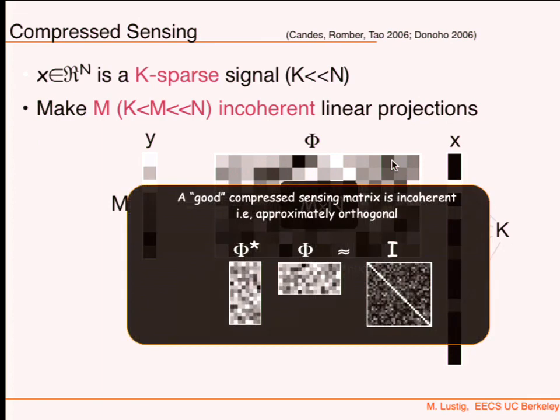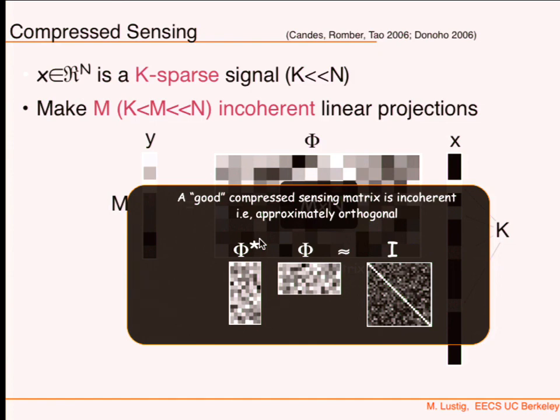As it turns out, a good compressed sensing matrix is one that's incoherent, which means that if you do the same trick of taking phi transpose conjugate times phi, it can never be an identity, because this is obviously of lower rank than n.